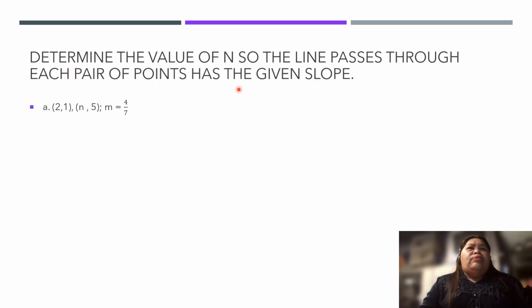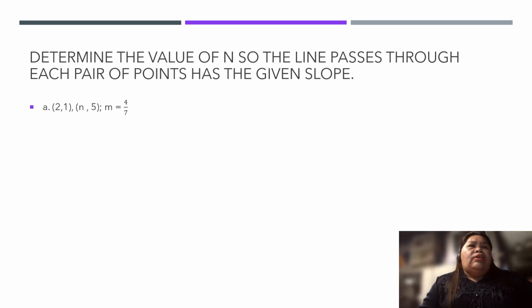Now, let us determine the values. From our previous video about slopes, let us determine the value of n so that the line passing through its pair of points has a given slope.